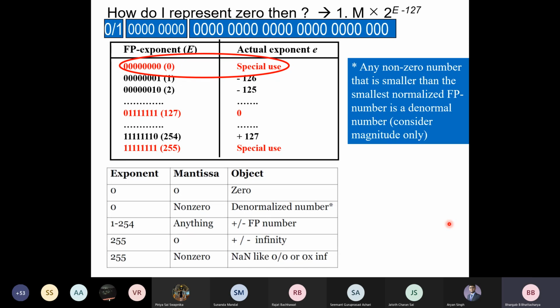In this slide, everything is summarized: the meaning of floating point, the relation between the actual exponent and the floating point exponent, decoding of the IEEE 754 floating point format using this expression, and the special use for exponent and mantissas. All right. Once you remember this, everything becomes clear about floating point.